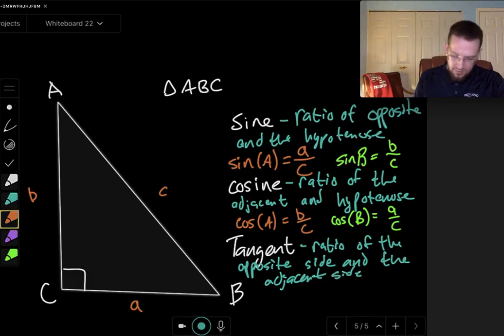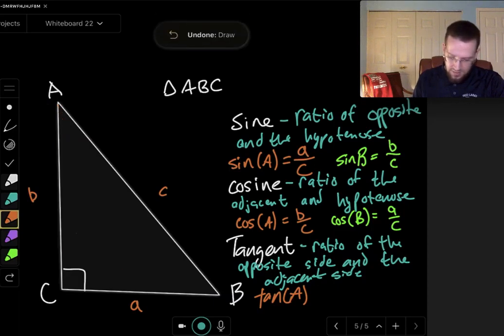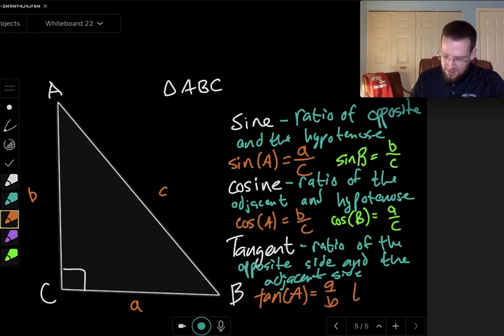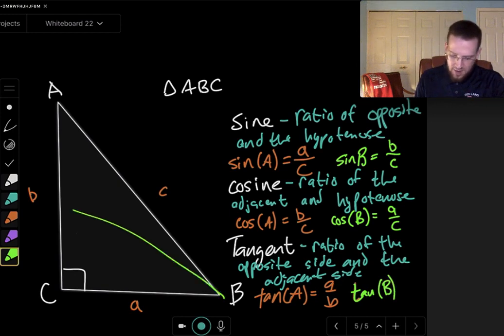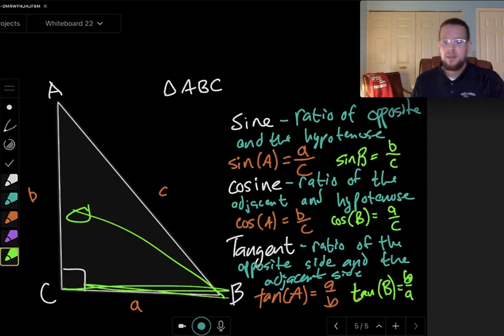Let's look at the tangent of angle A. The opposite side will be little a, and the adjacent side will be little b. So this is going to be a over b. And then the tangent of angle B: the opposite would be little b, and the adjacent, the side beside it, is a.